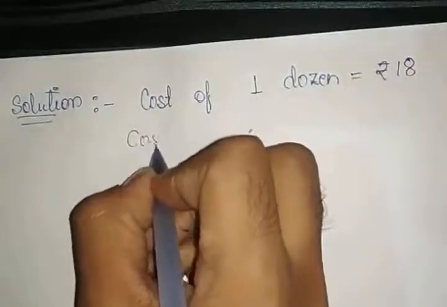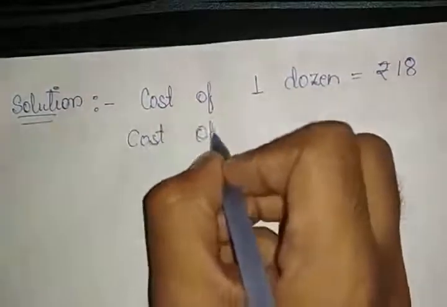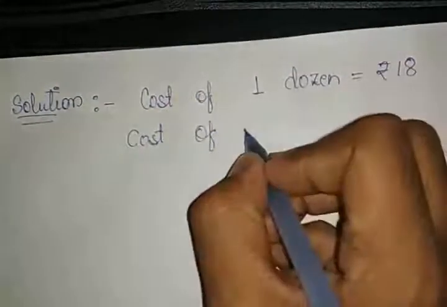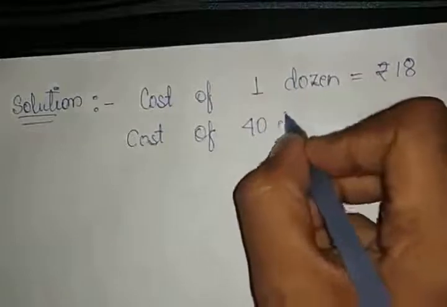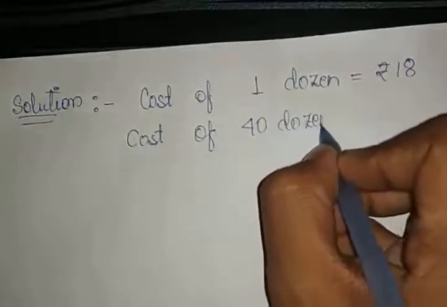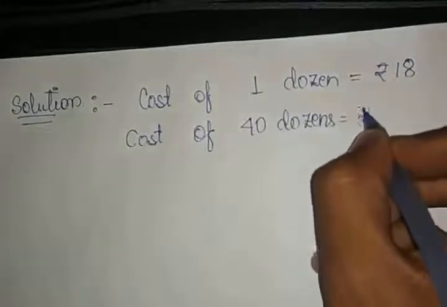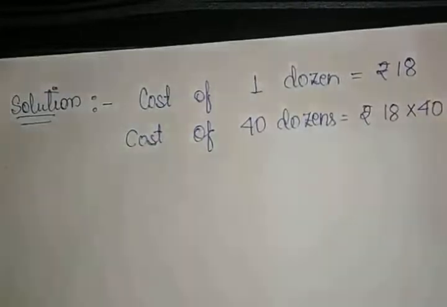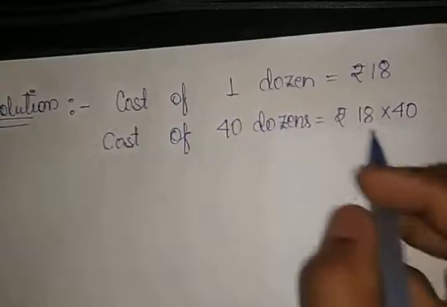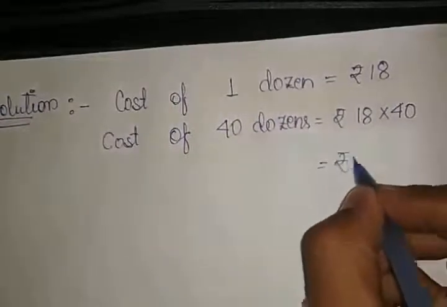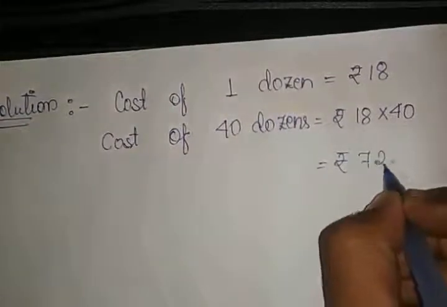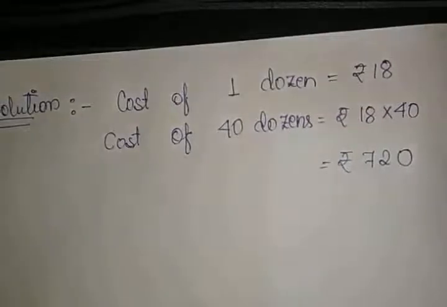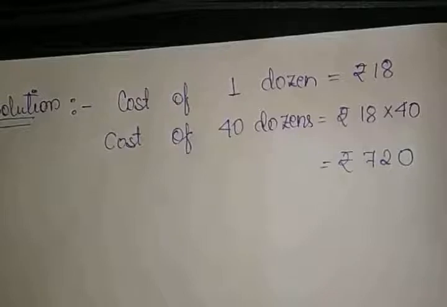So the cost of 40 dozens will be equal to rupees 18 into 40, that is equal to rupees 720. Means the total amount that was spent on buying these oranges was rupees 720.